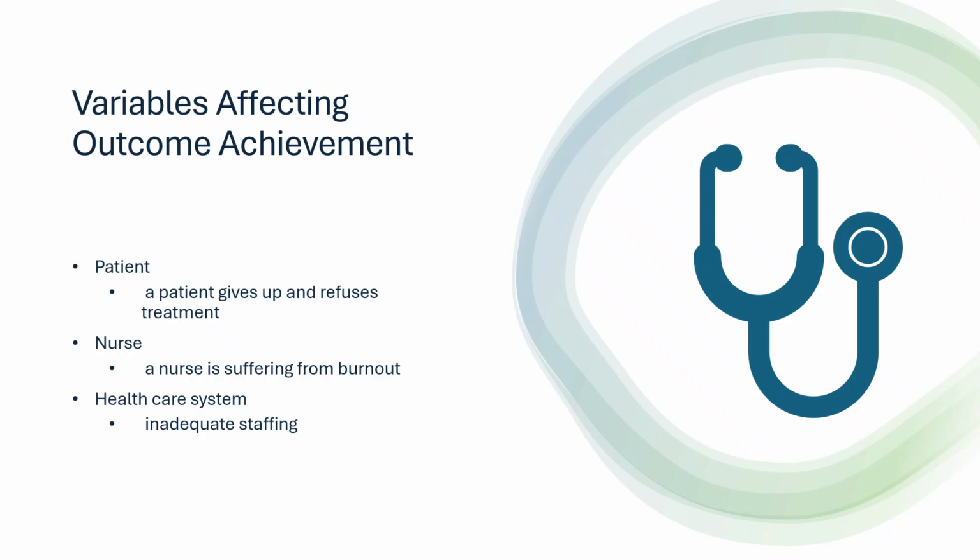Why this matters? Well, because by identifying these variables, nurses can reinforce positive factors for future success, address and adapt to negative influences, or deliver care that is truly person-centered and responsive. Some positive influences include a patient who's motivated to learn, a nurse who brings fresh ideas and energy, or a facility that supports quality care with strong staffing and incentives.